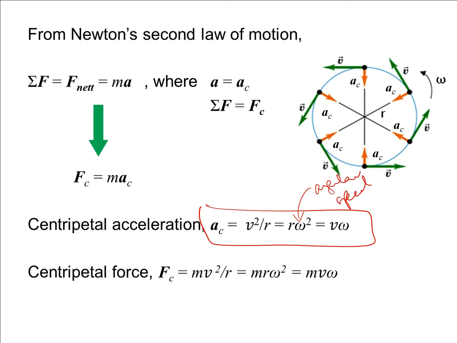Ataupun linear speed times with angular speed. Ada 3. Alright, so disebabkan force is equals to mass times with AC, so formula yang dekat atas ni, you just tambah mass lah kat depan. Okay.